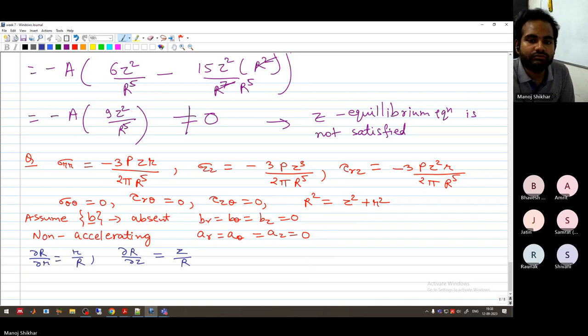Now you need to find the differentiations of these stress components so that we can check whether they are satisfying the equilibrium equation or not.